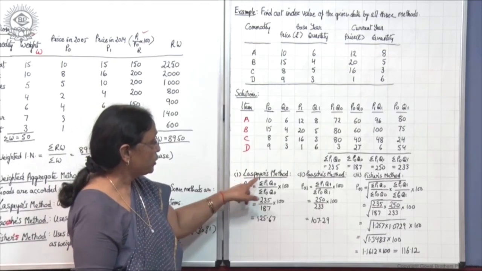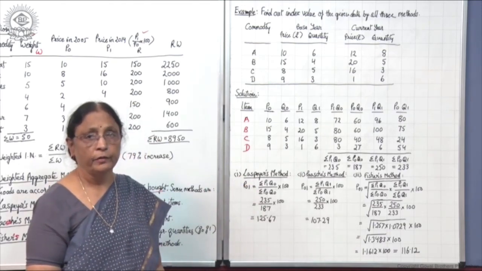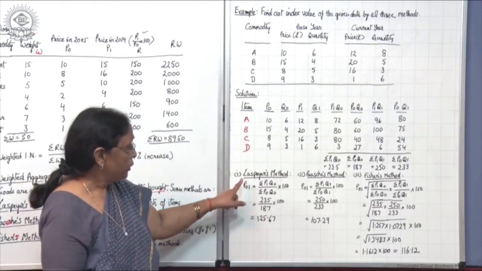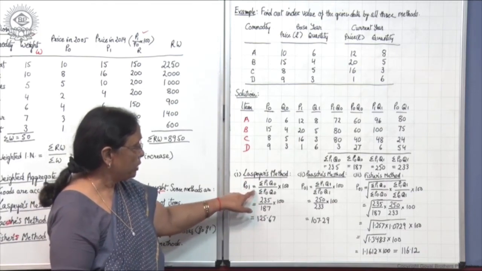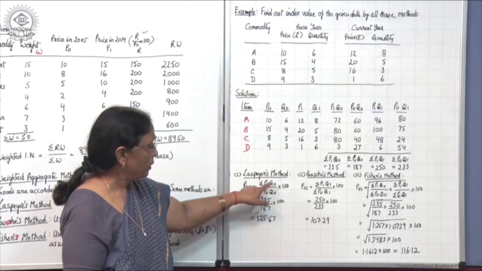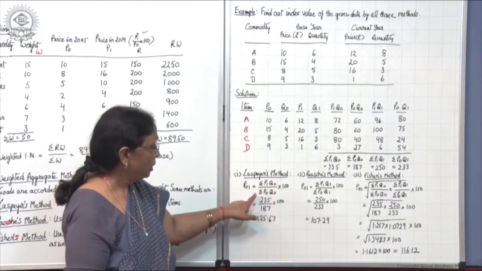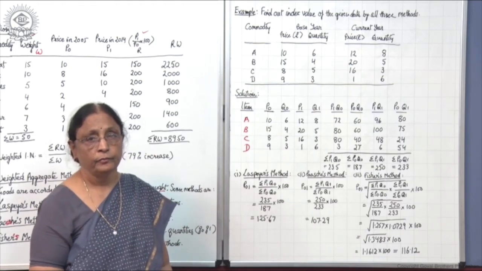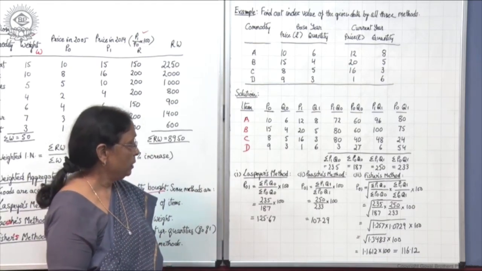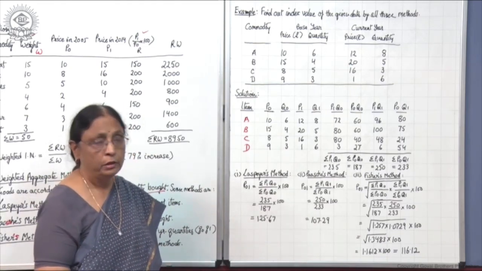First is Laspeyres' method. According to Laspeyres' method, P01 is equal to sigma P1 Q0 upon sigma P0 Q0 into 100. This is Laspeyres' method. You have to learn the formula.